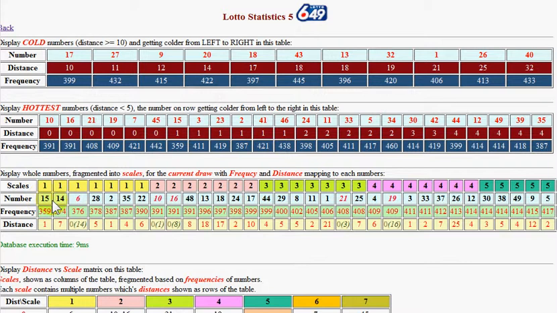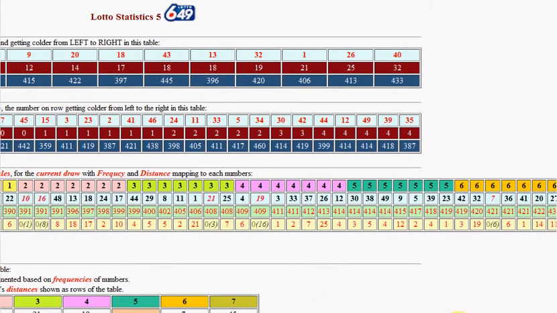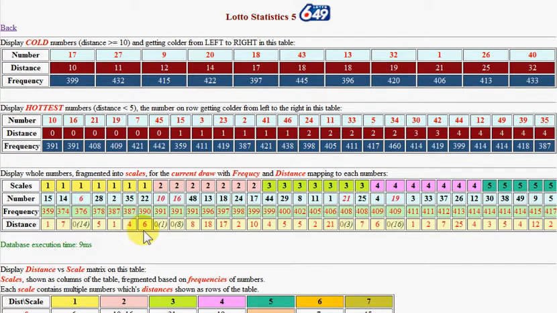It's the current draw or last draw. So it gives you the idea of the frequency and the distance mapped to each number. And the red one is the number that was drawn or hit on the current draw, and you can see the distance against each.